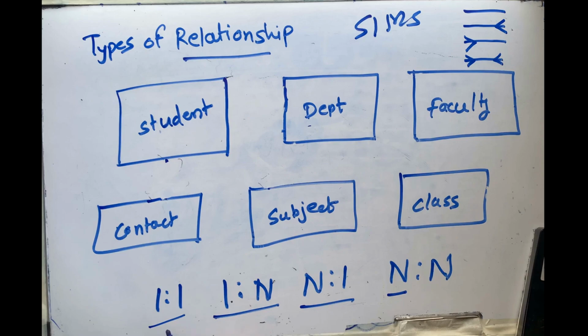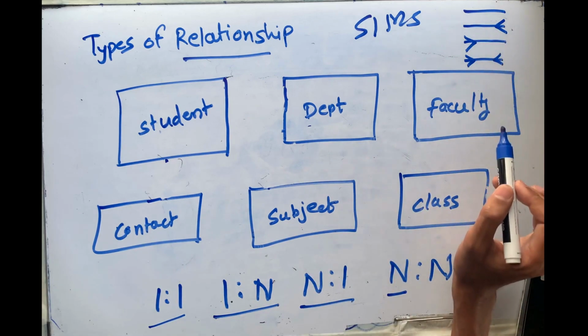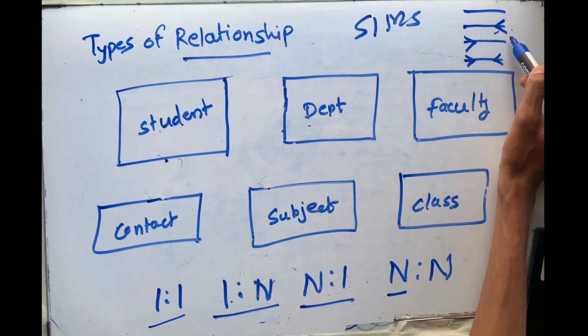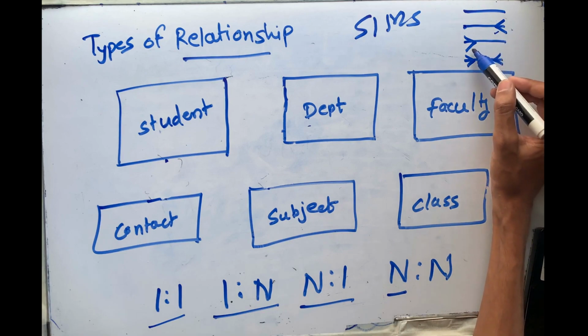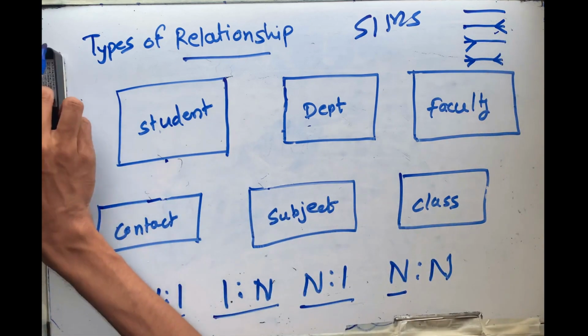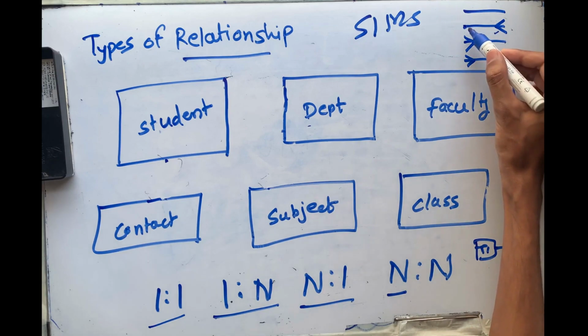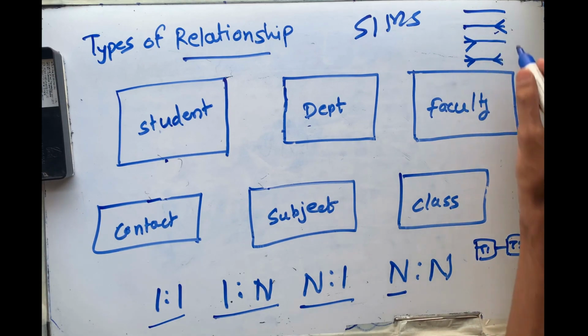Then there is a one-to-one relationship. One-to-one, this is the notation of this. Then one-to-many, one here and many rows in the second table. Let's say these two tables, table 1, table 2. So there is a one-to-one relationship. One-to-many means one here and many here.